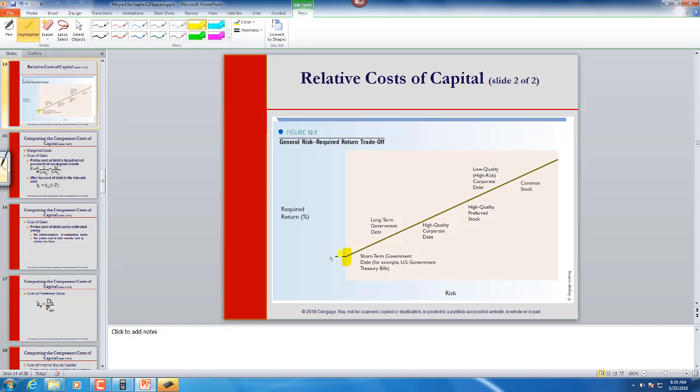You start off with that, that is the risk-free rate. Then you come to long-term government debt, then high-quality corporate debt, then high-quality preferred stock, then low-quality corporate debt, then common stock. Common stock being the riskiest has the highest expected return. I mean, you don't invest in treasury bills to get rich, do you? I mean, unless you're already very rich.